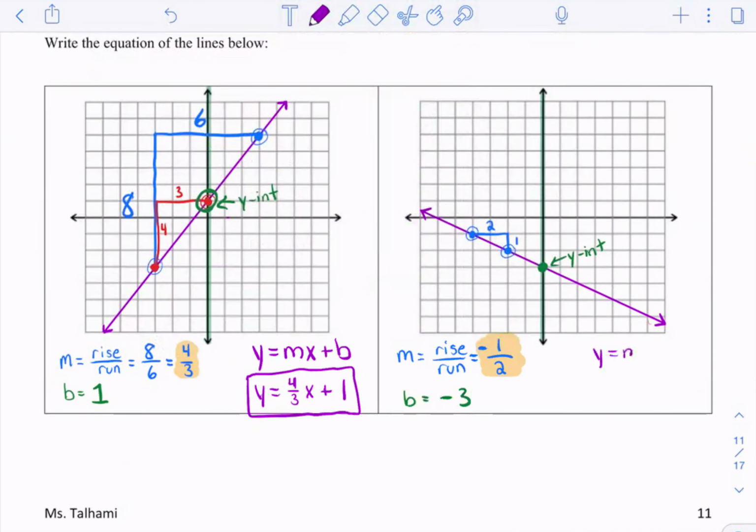So our final equation, when we substitute in for the m and the b, is y equals -1/2 x minus 3. Try not to put a plus -3. It's just a -3. There you have it. So now you can look at a graph and write the equation of a line given a graph.